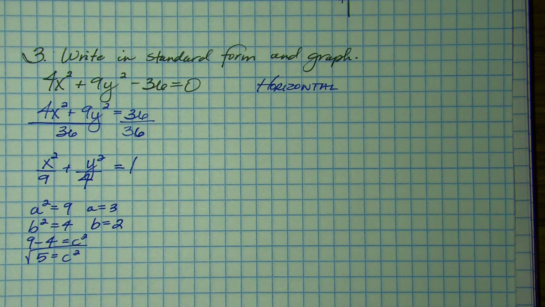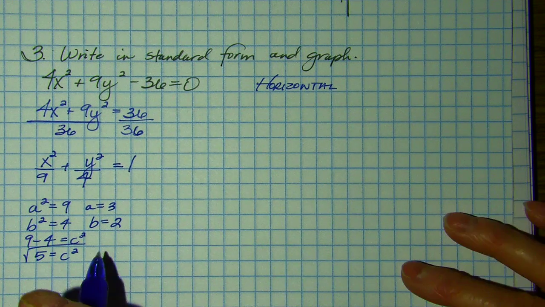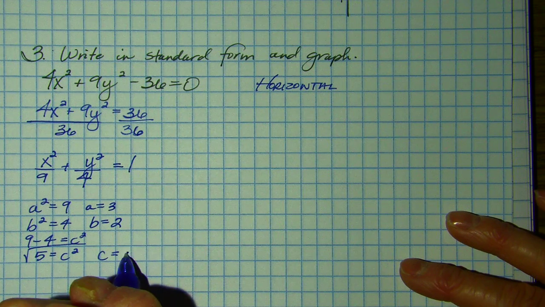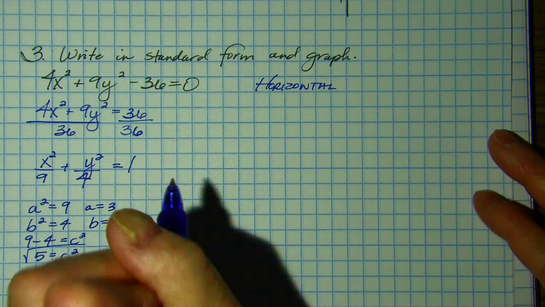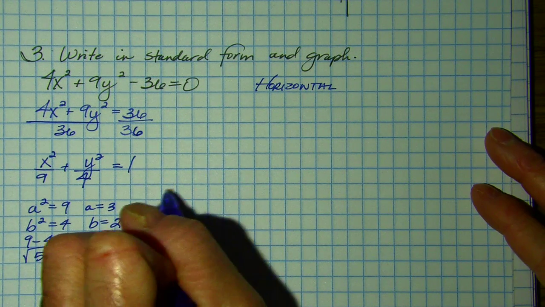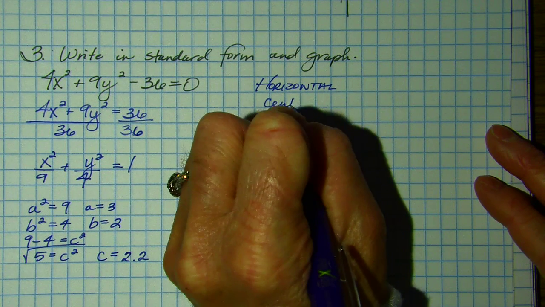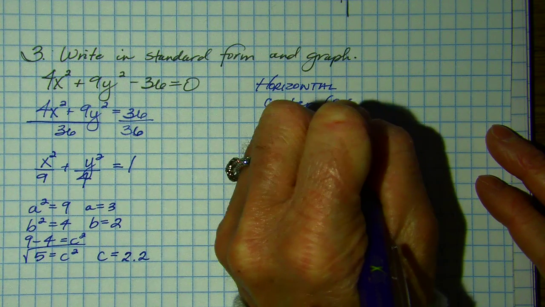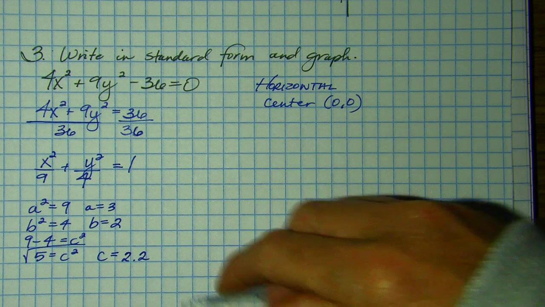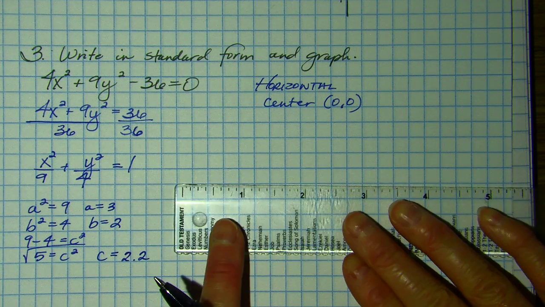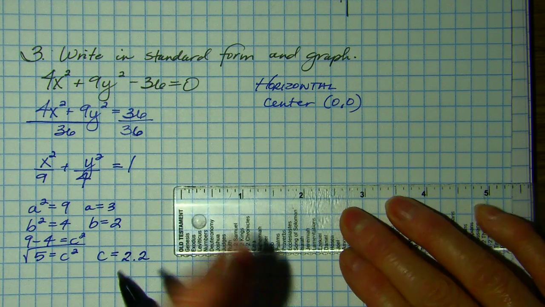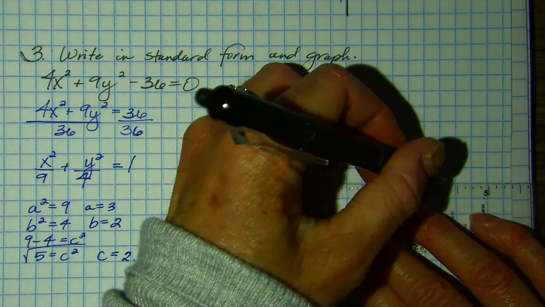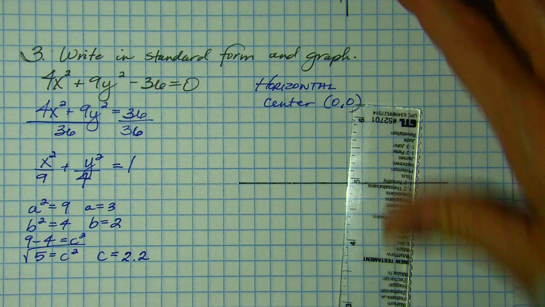So if I take the square root of 5, and it doesn't ask you to do the foci, but I have you do it because you're going to do it in the future anyways. And my center is at 0, 0. So because this is horizontal, when I go to graph it, I'm going to leave more room on my x-axis than I do my y-axis.